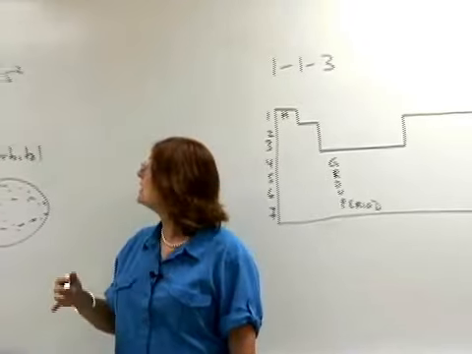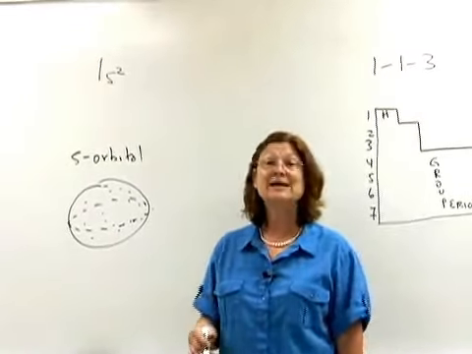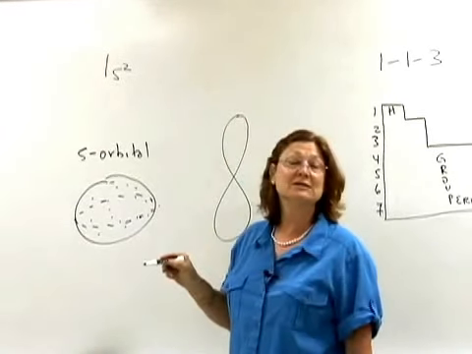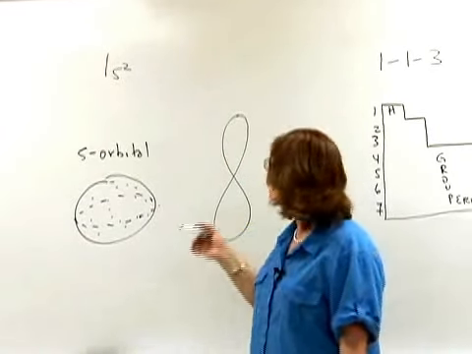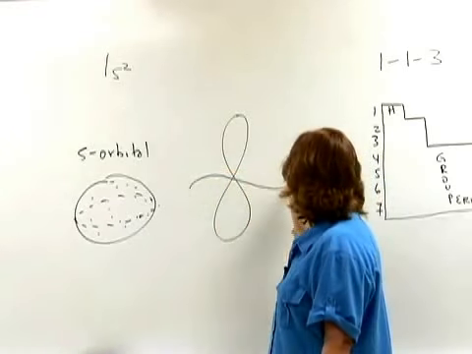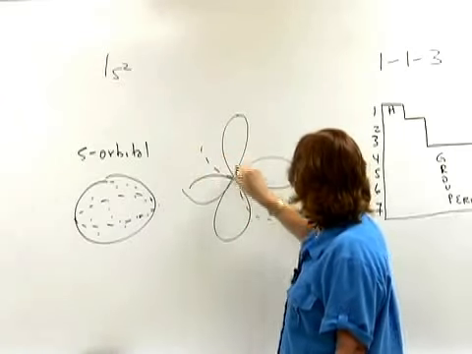On the second energy level, we have what are called p orbitals. And that sublevel has 3 p orbitals, and they look like dumbbells. And because it's three-dimensional, we have one along the y-axis, one along the x-axis, and one along the z-axis.